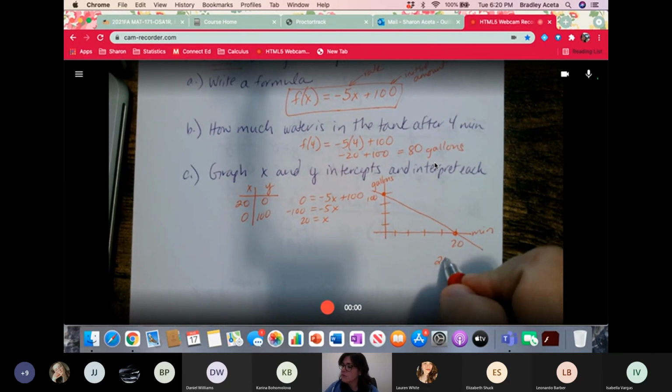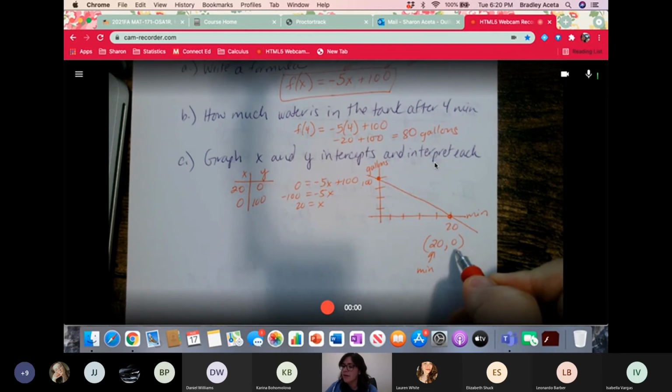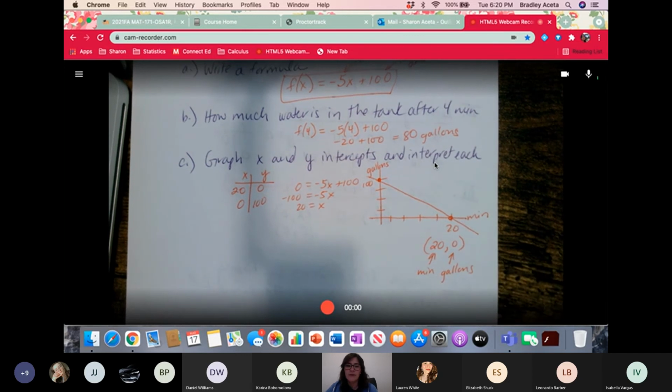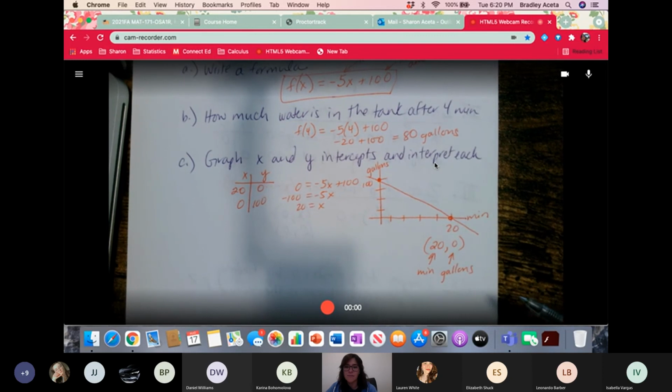This would be, again, the coordinate 20, 0, or 20 minutes. At the 20-minute mark, I have what? 0 gallons left in my tank. At the 20-minute mark, I have 0 gallons. That's an interpretation.